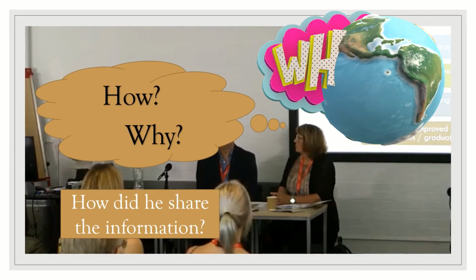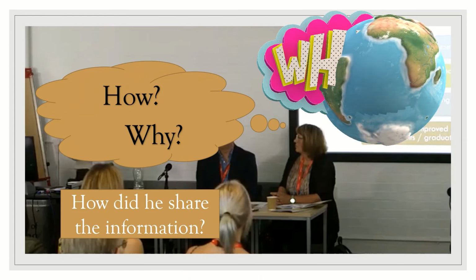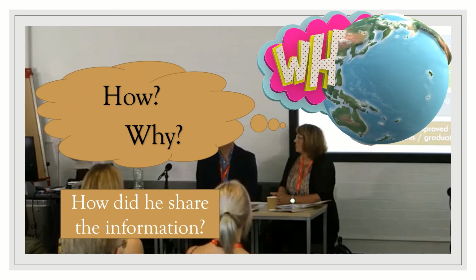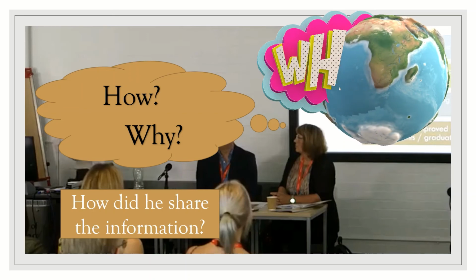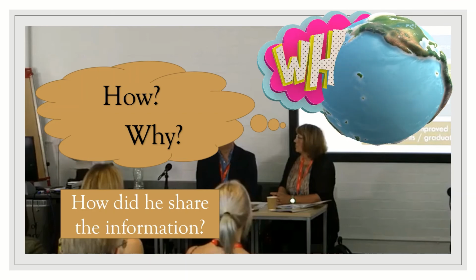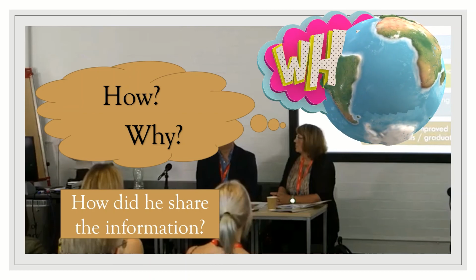You might ask the question how or why. So how, if you're talking about the presenter, how did he share the information? You might want to know, did he show you objects? Did you see a PowerPoint? Did he talk to you for a period of time?